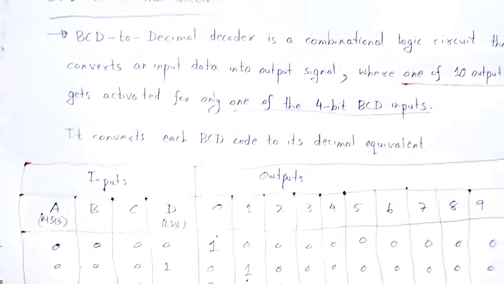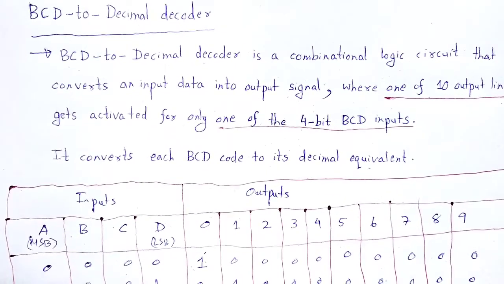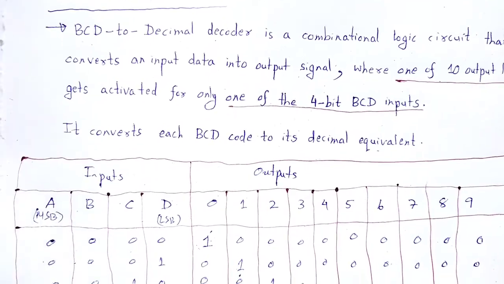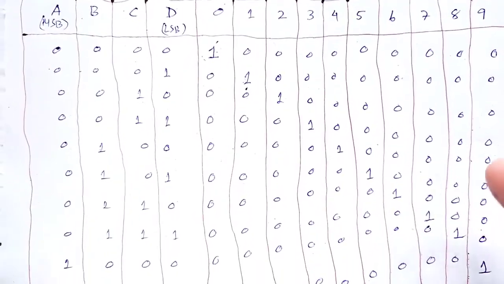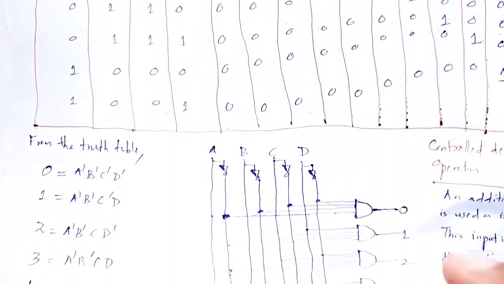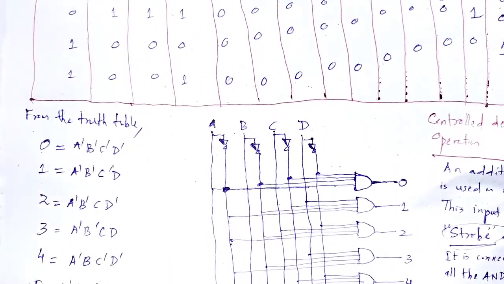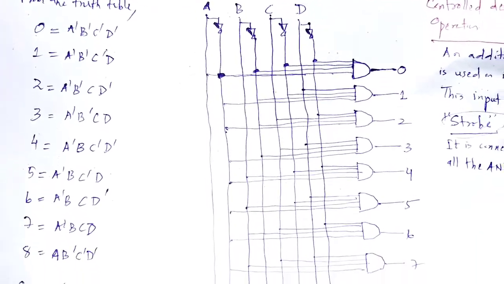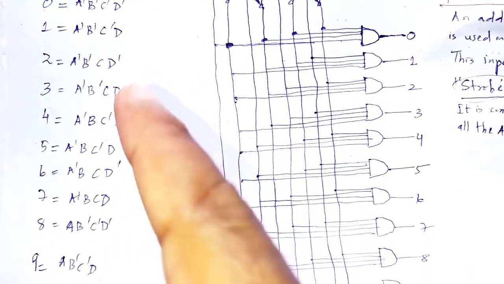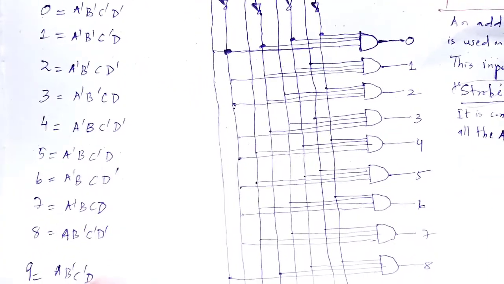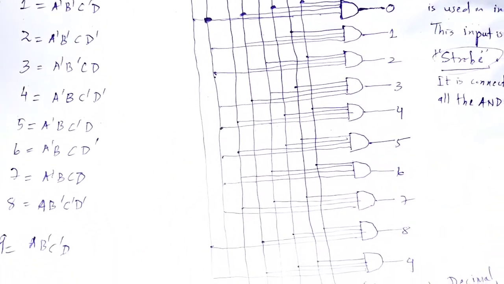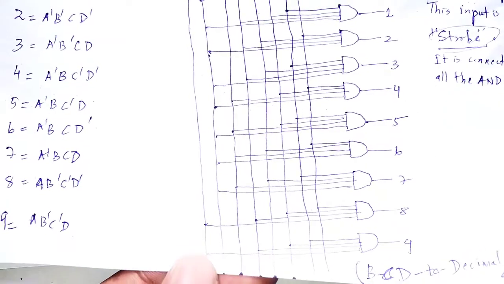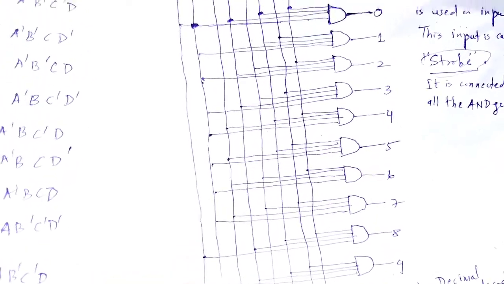Next type, BCD to decimal decoder, has 4 inputs and 10 output lines. By using that truth table, we expressed it in Boolean expressions. Taking these Boolean expressions, we construct the logic circuit, the BCD to decimal decoder.